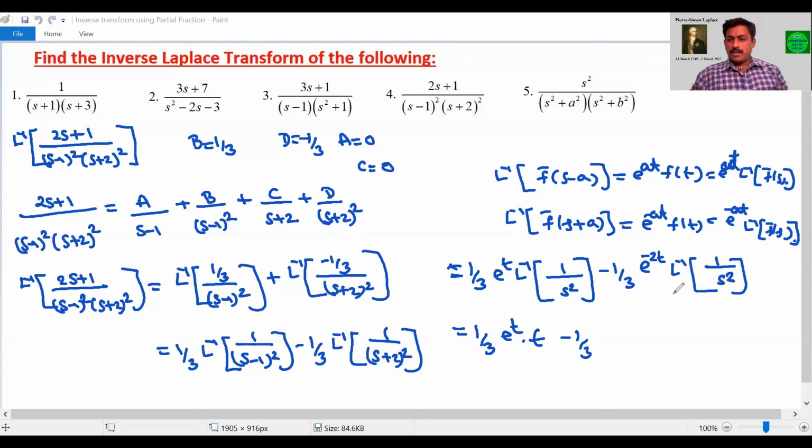Here 1/3, here also e power minus 2t, L inverse of 1 by s square is t. So from this we can take the common term t by 3 out, that is t/3 into (e power t minus e power minus 2t), which is the required answer.